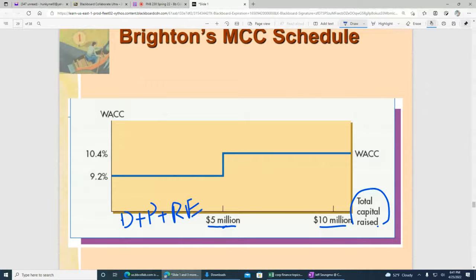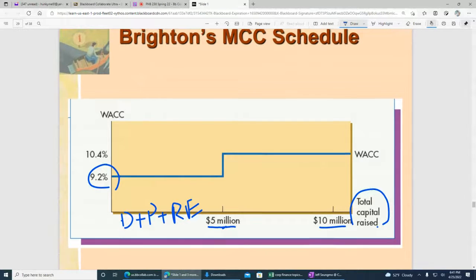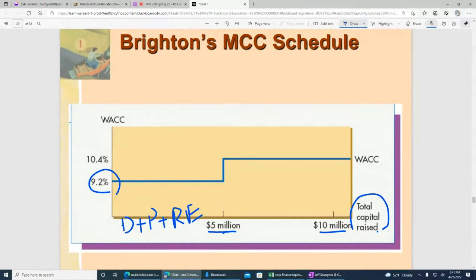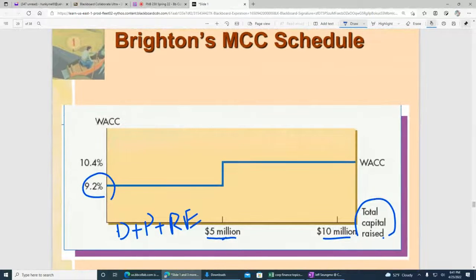So this is the weighted average cost of capital: weight of debt times cost of debt plus weight of preferred stock times cost of preferred stock plus weight of equity times cost of equity. And this equity here is the retained earnings. Understand?